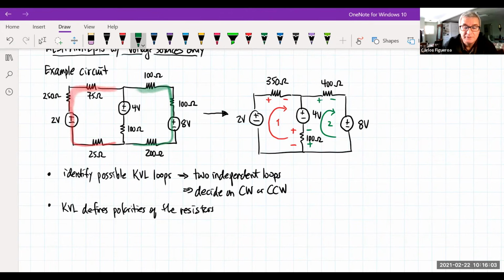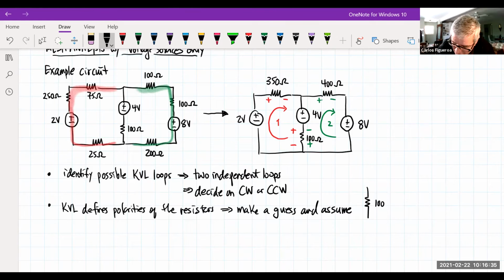We'll have to make a choice here. When you look at the direction of the loop, you're going to have to define which is the prominent direction. And what I'm going to do is make a guess and assume that when the current actually flows through the 100 ohm resistor, it's moving downwards.